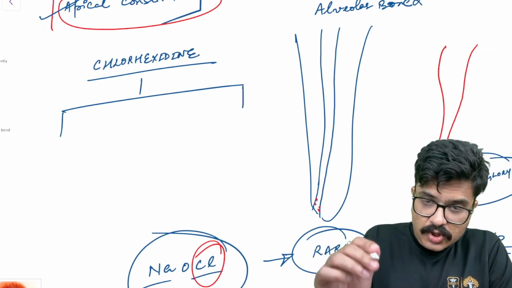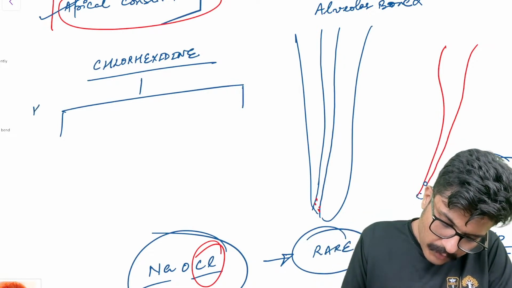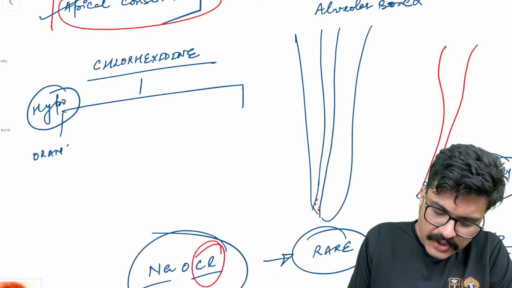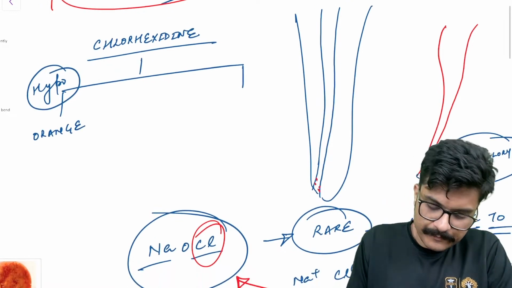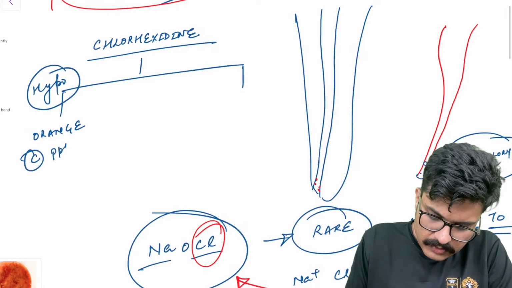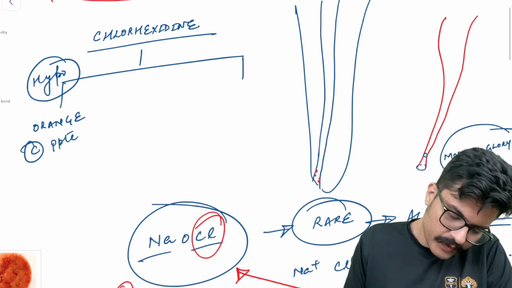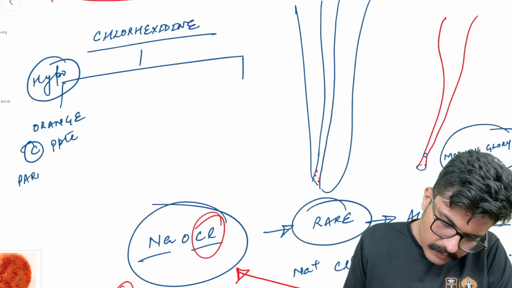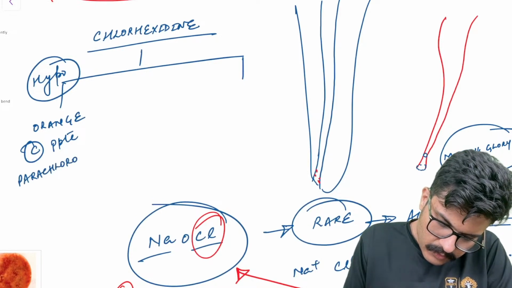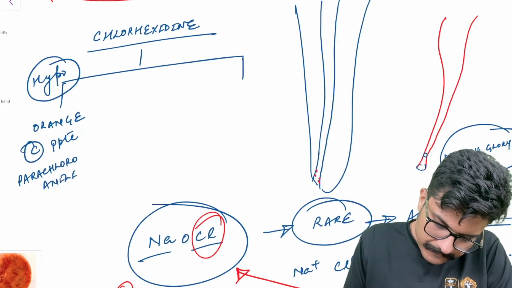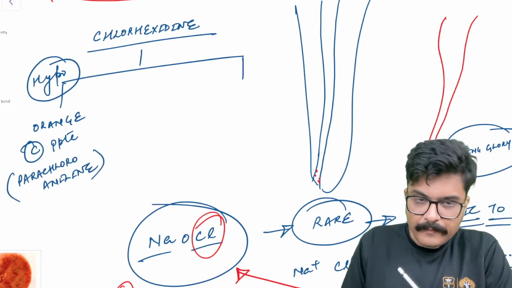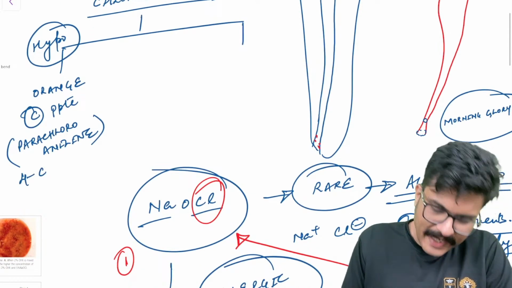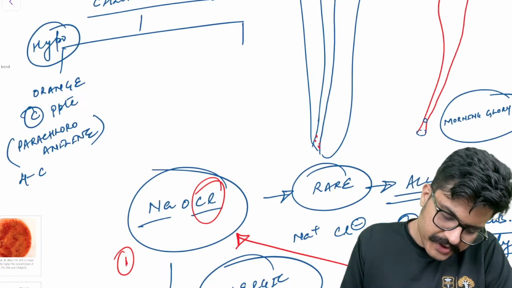When it's mixed with hypo, it forms an orange-colored precipitate, which is para-chloroaniline, or 4-chloroaniline, since the para position is the 4th position, right?